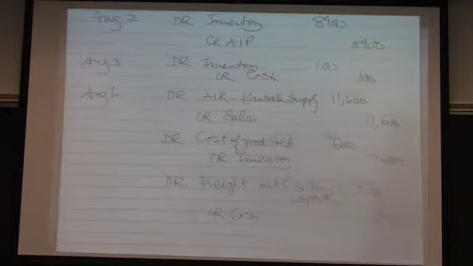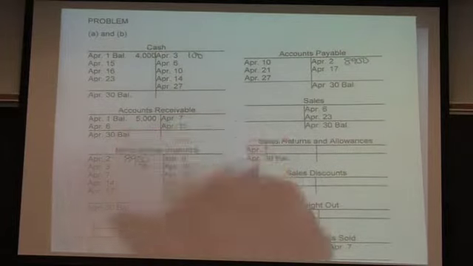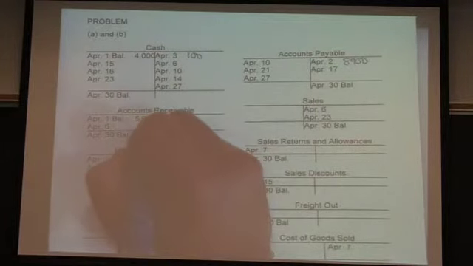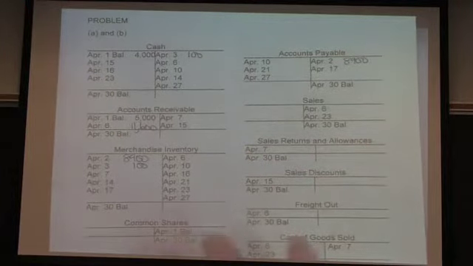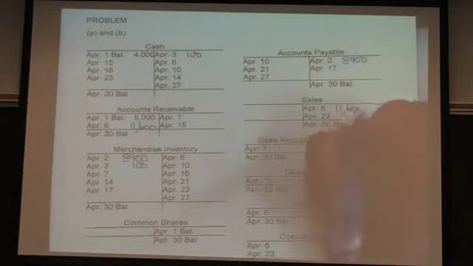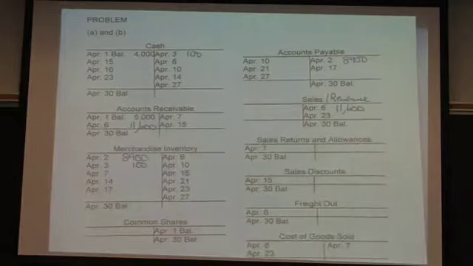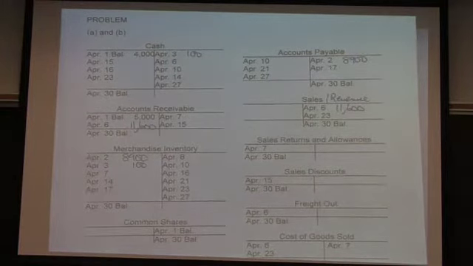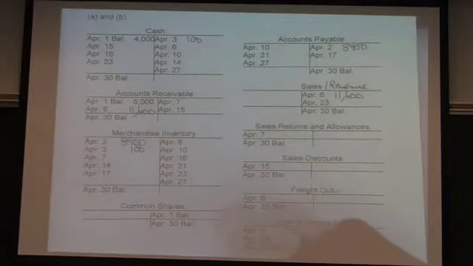So first, I'm going to debit receivables from Kansas Supply, $11,600 on August the 6th. Credit revenue or sales, $11,600. We're going to debit cost of goods sold, which is an expense, for $7,200.